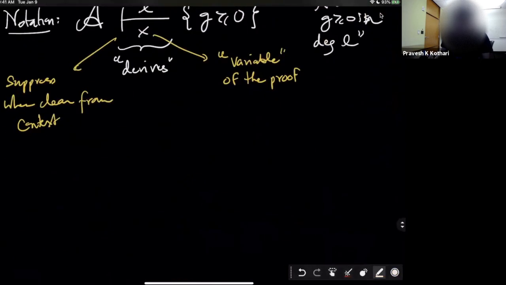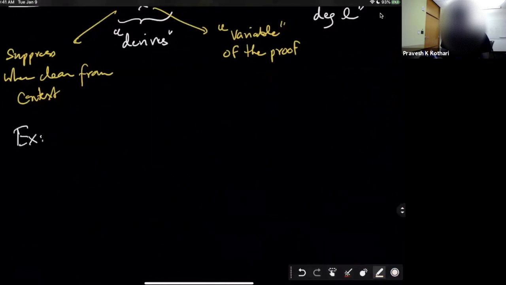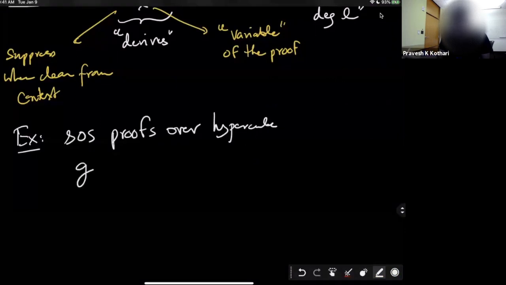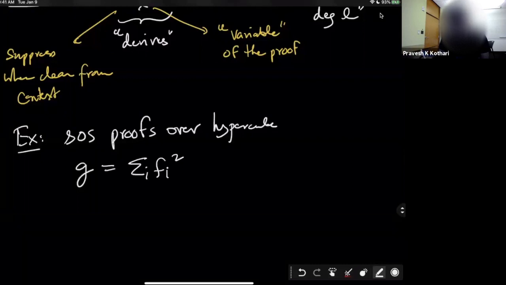So remember what a sum of squares proof over the hypercube was? We said G has a sum of squares proof of degree L over the hypercube if G can be written as a sum of Fi squared for polynomials Fi of degree at most L/2, right? And what was the definition of this equality?